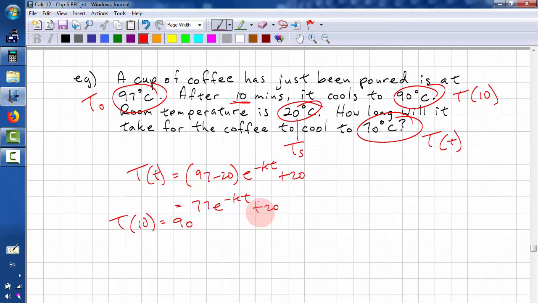So what we're trying to do here is solve for k. Okay, we're just looking at this as our equation. This is just to help us set it up. Oops, we need to make this T10.